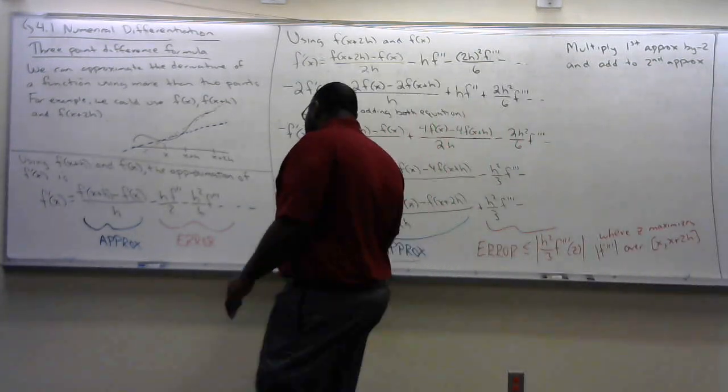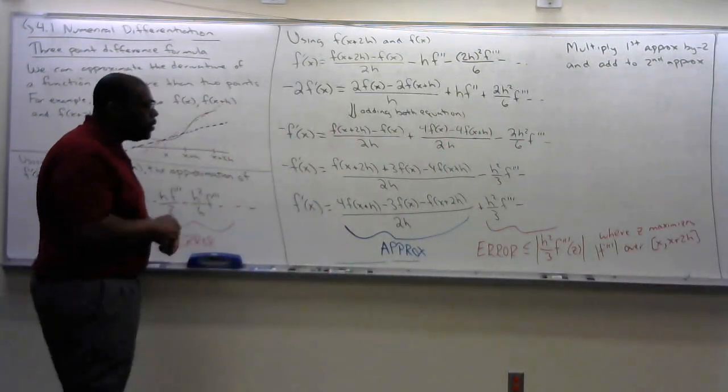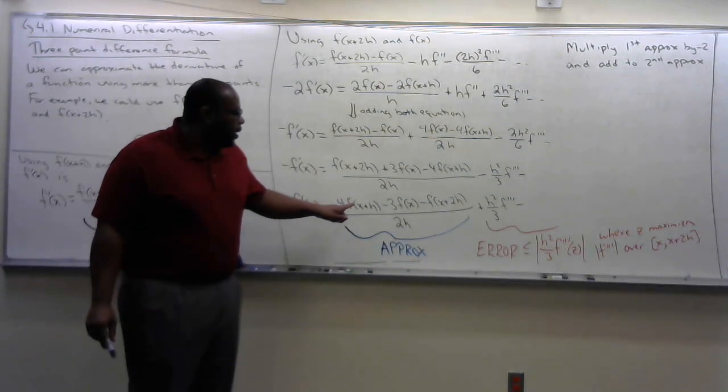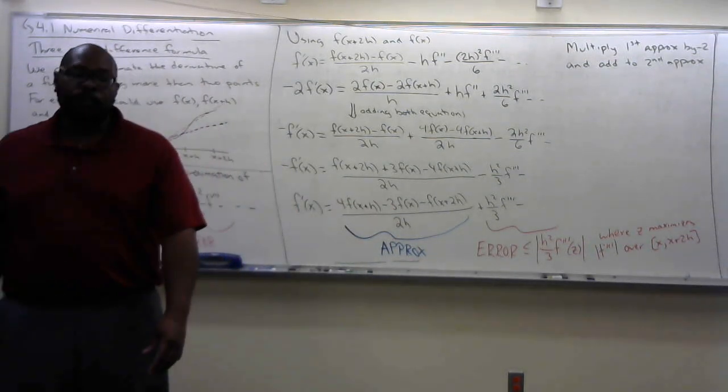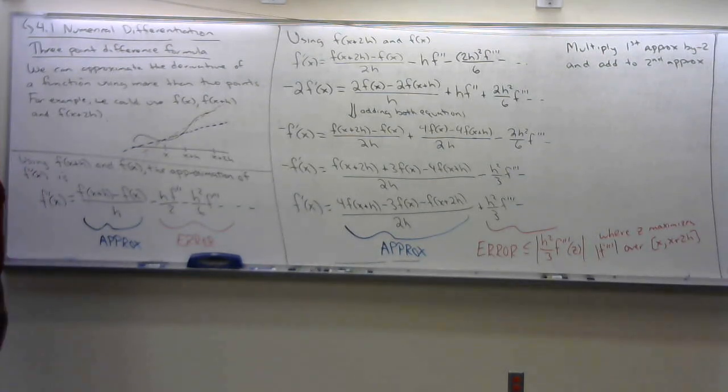Notice how many points we're using when we do this formula. We're using 3 points: f of x plus h, f of x, and f of x plus 2h. Now I want you to go back to our previous lecture.